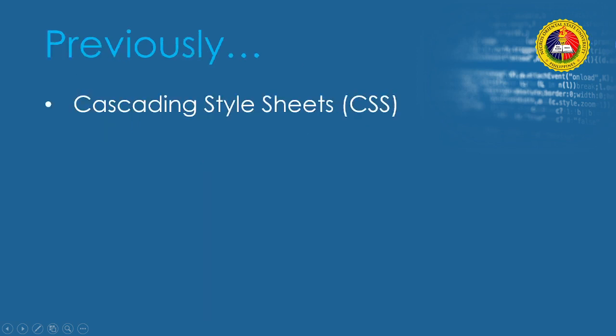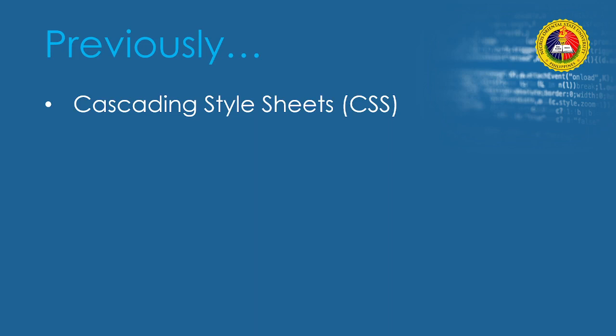Previously, if you can remember, we've talked about cascading style sheets. We learned about the basics of how cascading style sheets work. Basically, we've talked about the different properties and attributes for CSS, and I hope everybody is learning it yourself. It's because we cannot discuss everything in just one sitting.